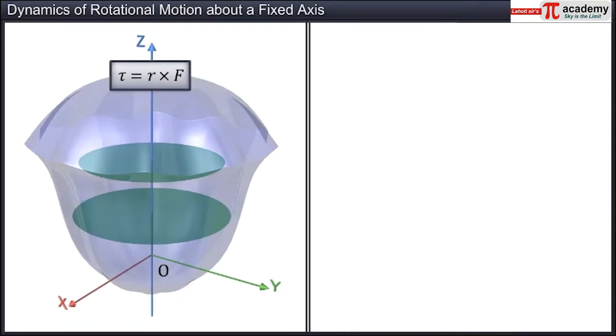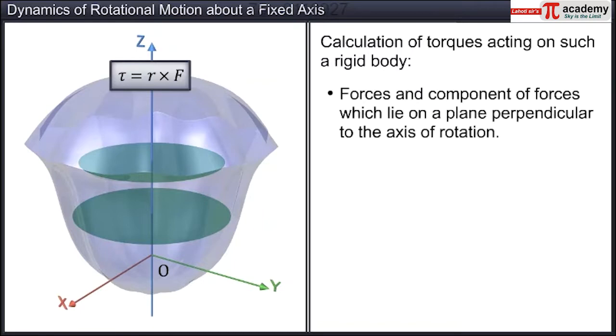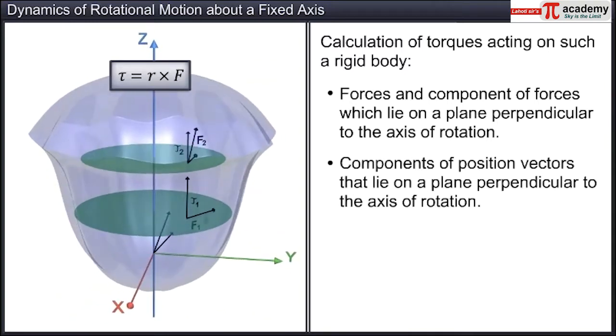Thus, to calculate torque acting on such a rigid body, we will consider only those forces which lie in a plane perpendicular to the axis of rotation, so that the torque produced by them will lie along the axis of rotation. Only the components of position vectors that lie in a plane perpendicular to the axis of rotation need to be considered for the torque along the axis of rotation.